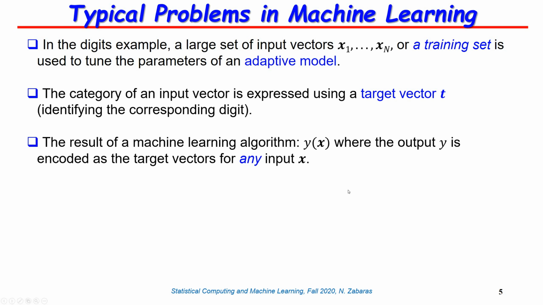And then we discuss the test data. These are points that we have not used at training. And the idea here is we try to generalize, we try to produce a function that will tell us what digit x belongs to.